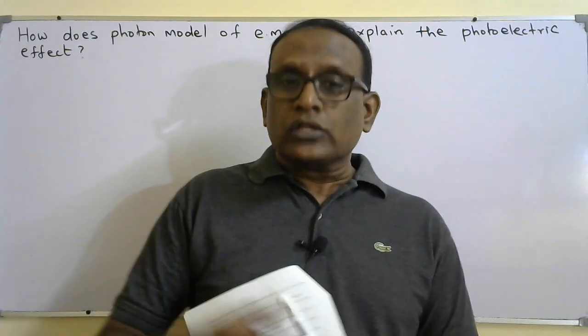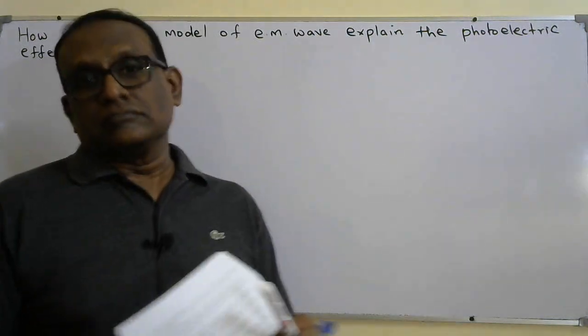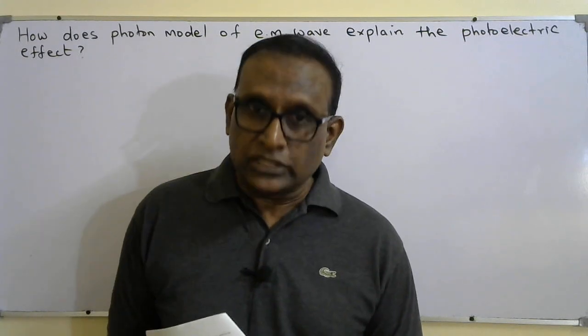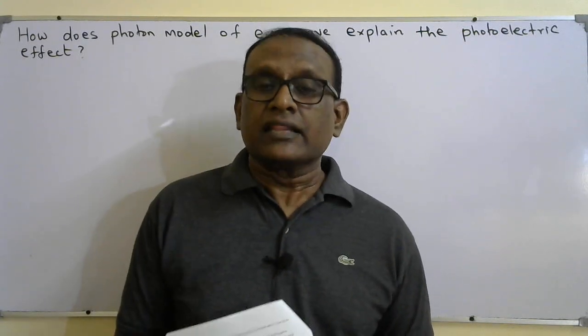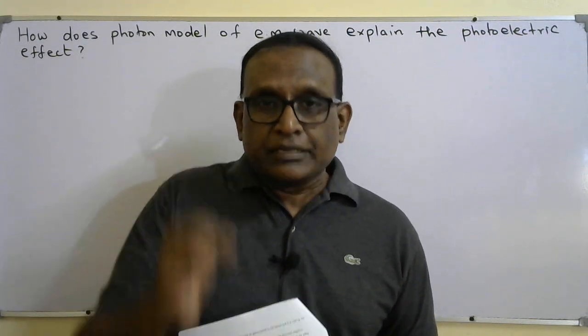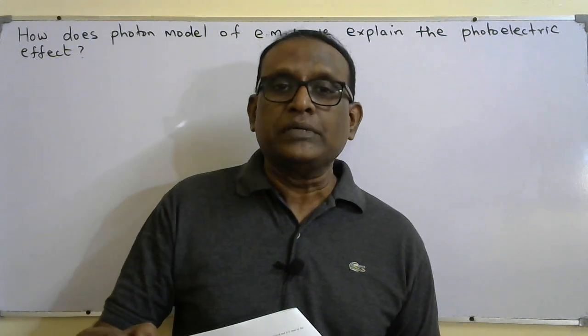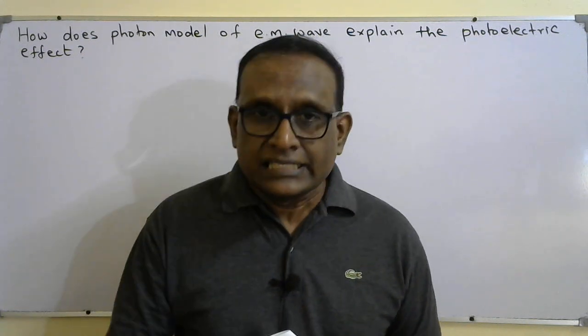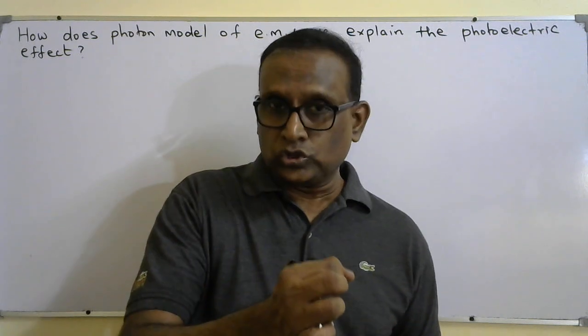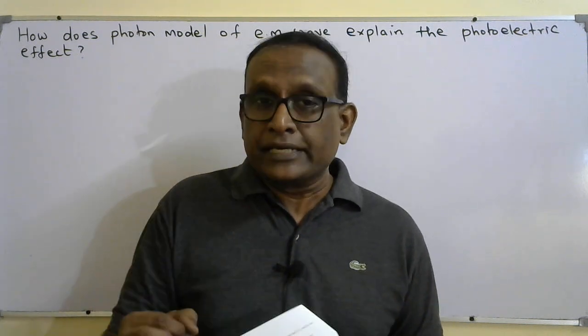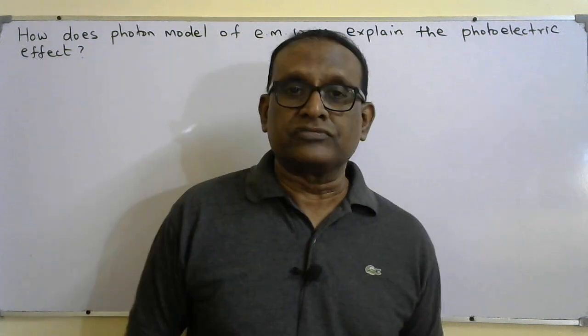We know that in Albert Einstein's photoelectric effect theory, he proposed that the ability of removing an electron completely depends on the energy of each and every photon and does not depend on the intensity of the wave.